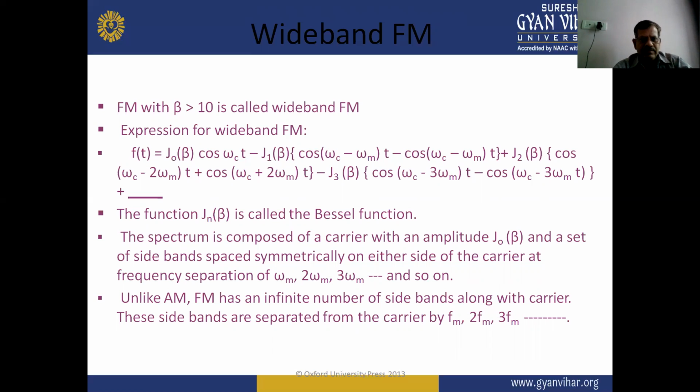Unlike AM, FM has an infinite number of sidebands along with the carrier. These sidebands are separated from the carrier by frequencies fm, 2 fm, and 3 fm, and so on.